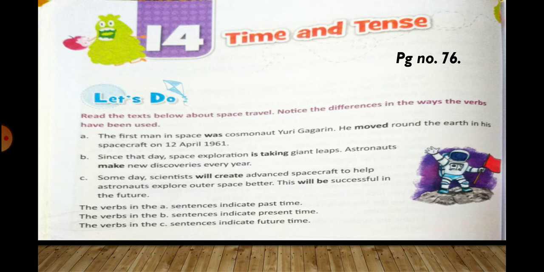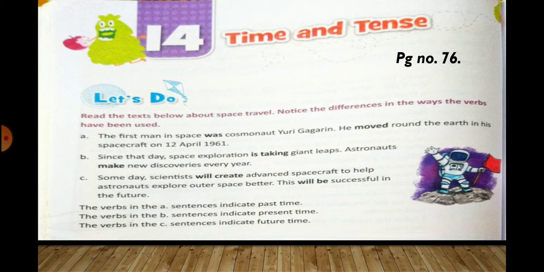Giant means huge and leaps means jumps. Astronauts make new discoveries every year. Sentence C. Someday, scientists will create advanced spacecraft to help astronauts explore outer space better. This will be successful in the future.